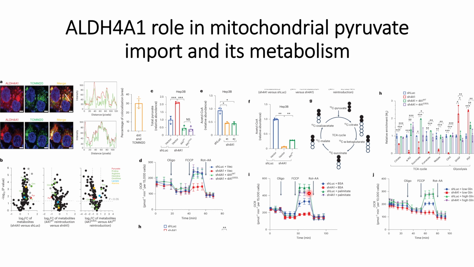So this indicates that ALDH4A1 doesn't have a role in palmitate metabolism. For glutamine metabolism also, they see the same results: whether ALDH4A1 is present or not, when they use high glutamine, they see a similar amount of oxygen consumption, indicating that ALDH4A1 doesn't have a role in glutamine consumption.